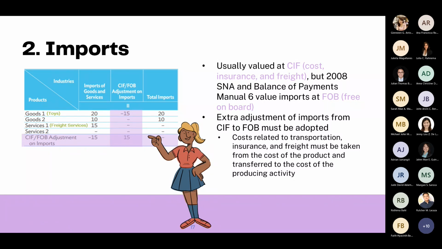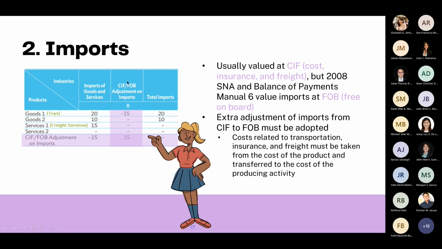So there emerges a double counting of this freight service cost in the imports column. Again, there's $5 worth of the product plus $15 worth of freight services under goods one. And then in services one, we also have $15 for freight services. So to adjust, we simply offset with a negative $15 adjustment here in the row for CIF to FOB adjustment on imports.